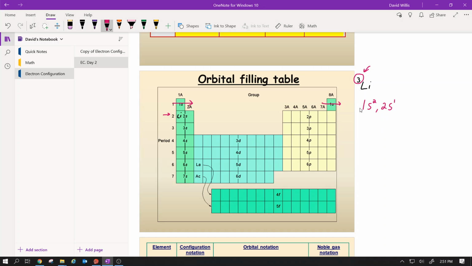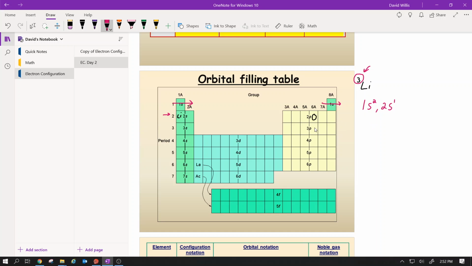Feel good? All right. Well, what if we had, let's look at one over here. Let's see what's in 6A on that. Oh, oxygen. Everybody loves oxygen. You breathe it.